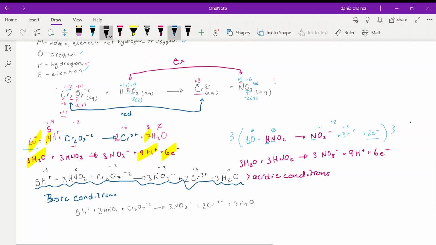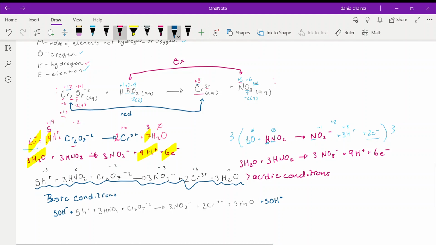And what you do in basic conditions is, on either side of the equation, you add the same amount of hydroxides as hydrogens. So you would add 5 OHs to this side and 5 OHs to the other side because we have to do the same thing on both sides. Because you added these OHs and you have the same amount of H+, OH gives me water.